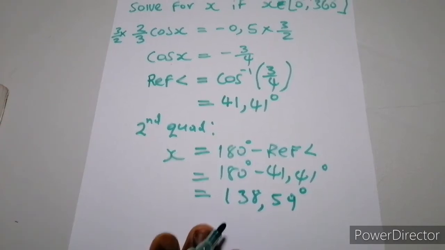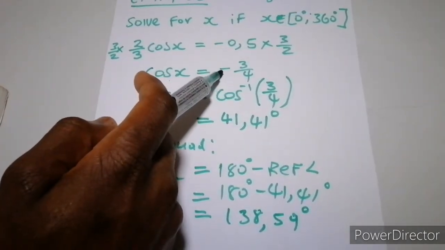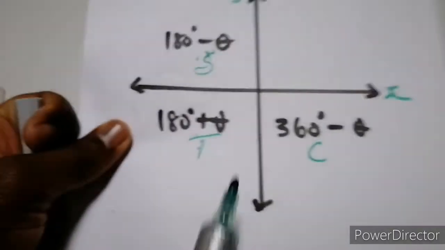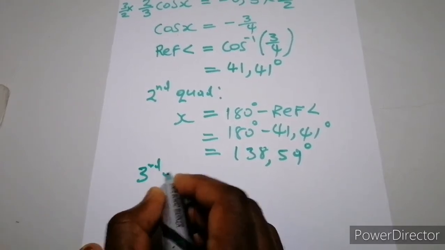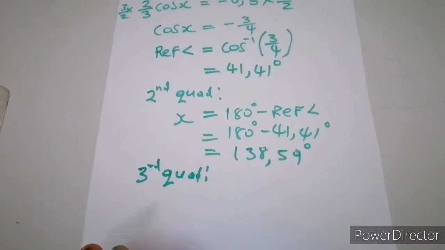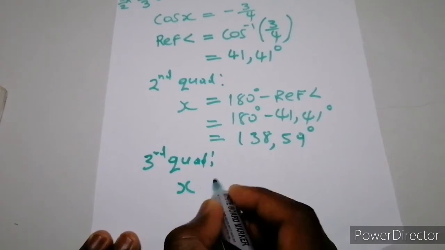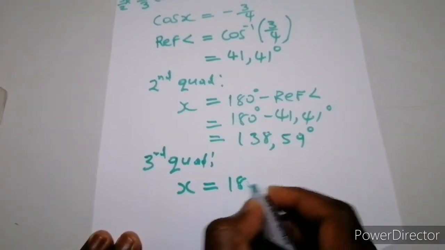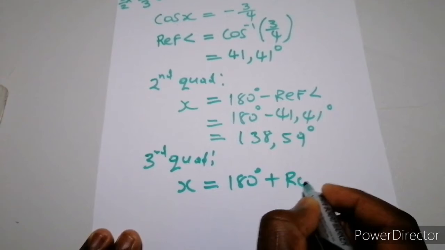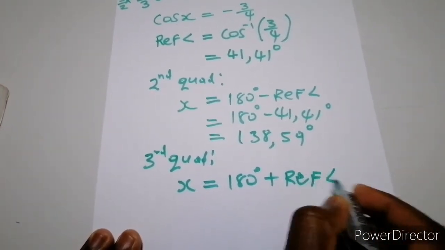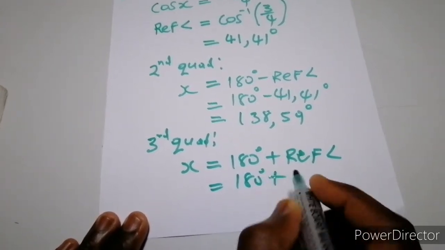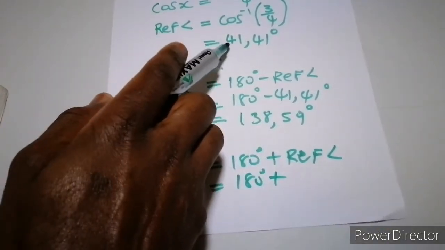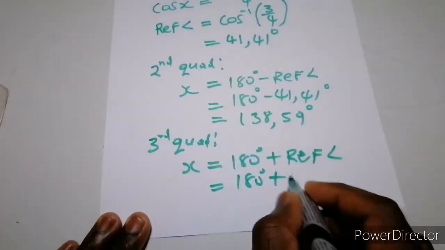We are not done. Where else is that function negative? That function is negative in this quadrant, in the third quadrant. In the third quad, x is equal to 180 plus ref angle. 180 plus, remember the reference angle is 41,41 degrees.